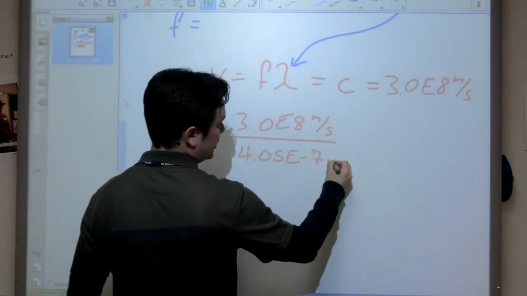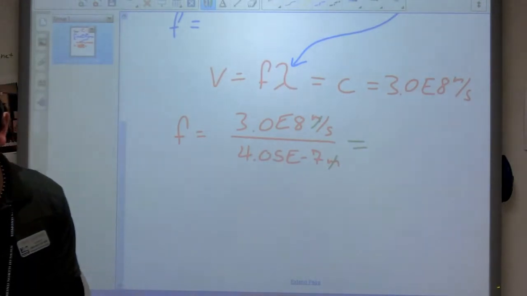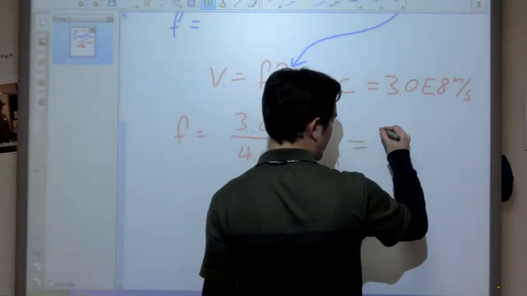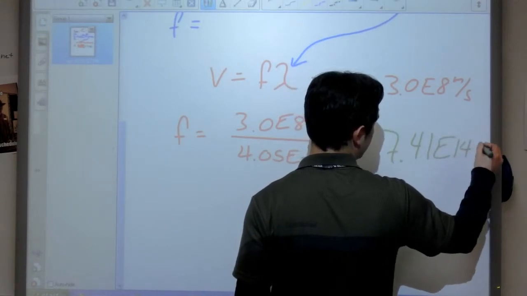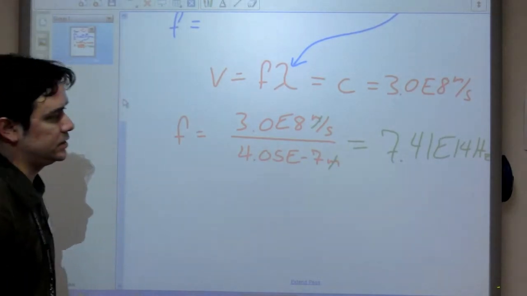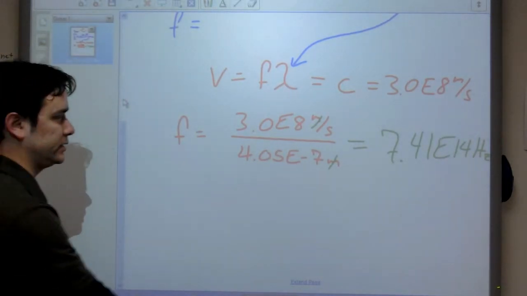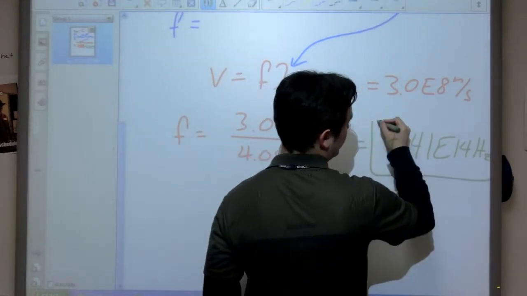We can see that the meters cancel out, and we're left with 1 over seconds. When we evaluate this, we come up with about 7.41 times 10 to the 14th hertz, where hertz is equal to 1 over seconds, also known as inverse seconds.